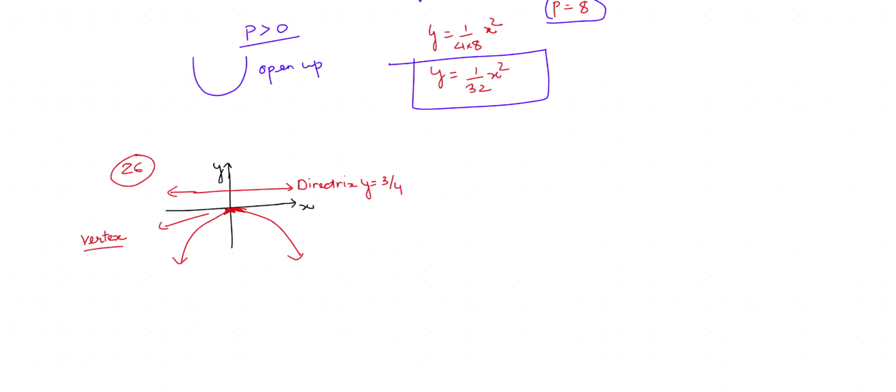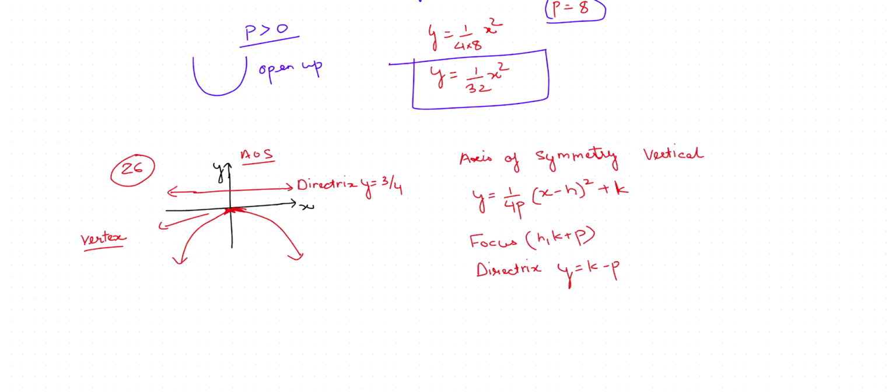In this case, again, we see that the axis of symmetry is vertical.